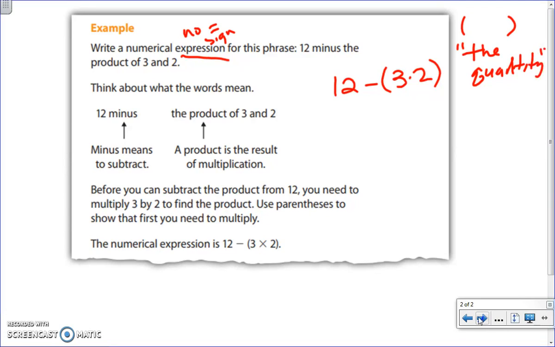But in this case, 12 minus 3 times 2, the product of 3 and 2, order of operations is going to take over, and we'll have to multiply the 3 by the 2 before we subtract anyway. So because it doesn't say the quantity, I would probably not count it wrong if you didn't have parentheses, because order of operations is going to make us multiply before we subtract anyway.